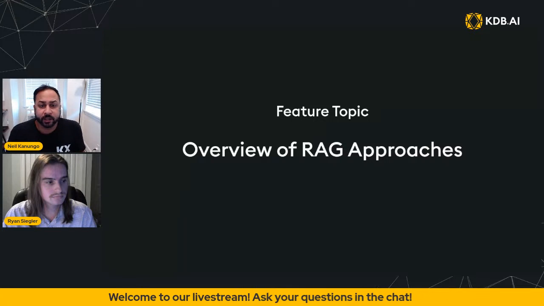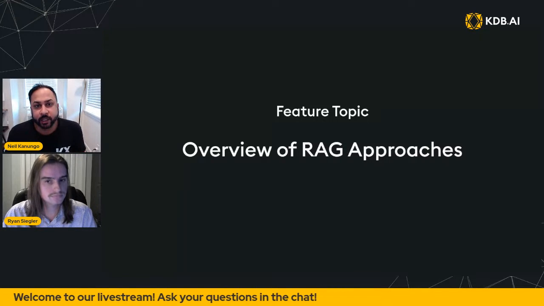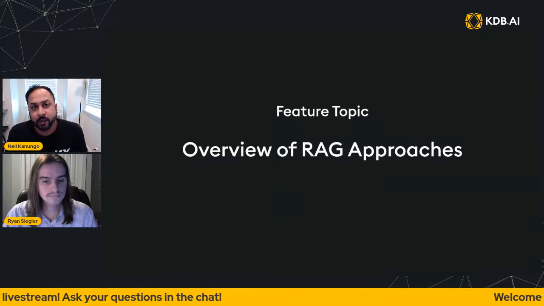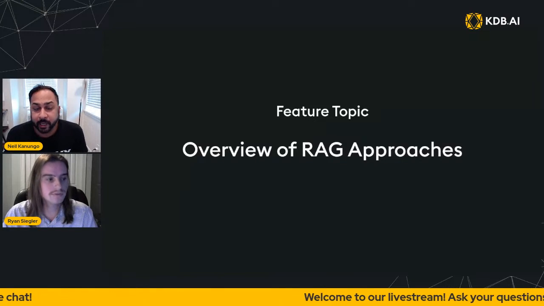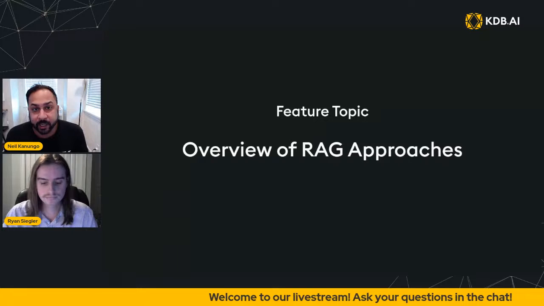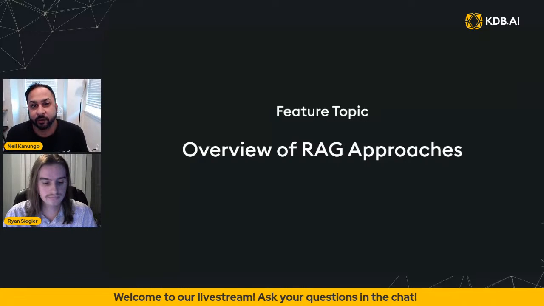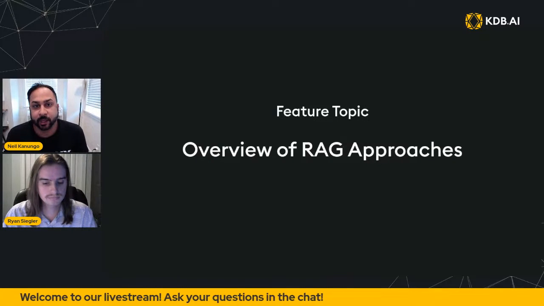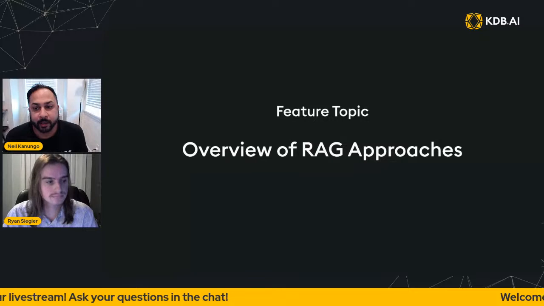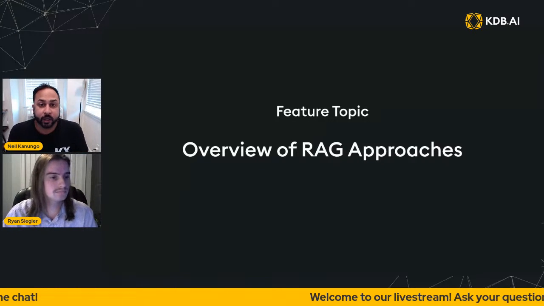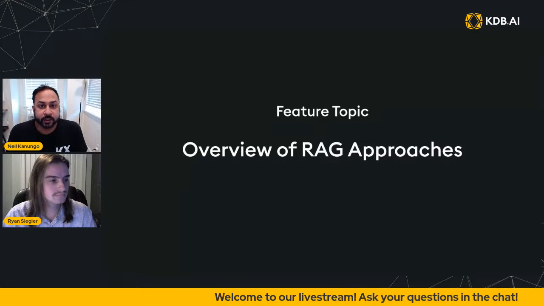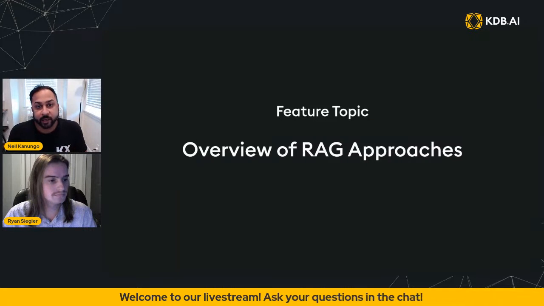What your experience has been like. So just let us know in the chat if you're using LangChain or LlamaIndex or both. Also saw with OpenAI's Dev Day that they have a built-in RAG for OpenAI. We haven't had a chance to play with that yet, but we'd be interested if any of you have investigated that and what your experience is. So again, go ahead and enter your questions in the chat as we go through this session. Love to keep it live and interactive.